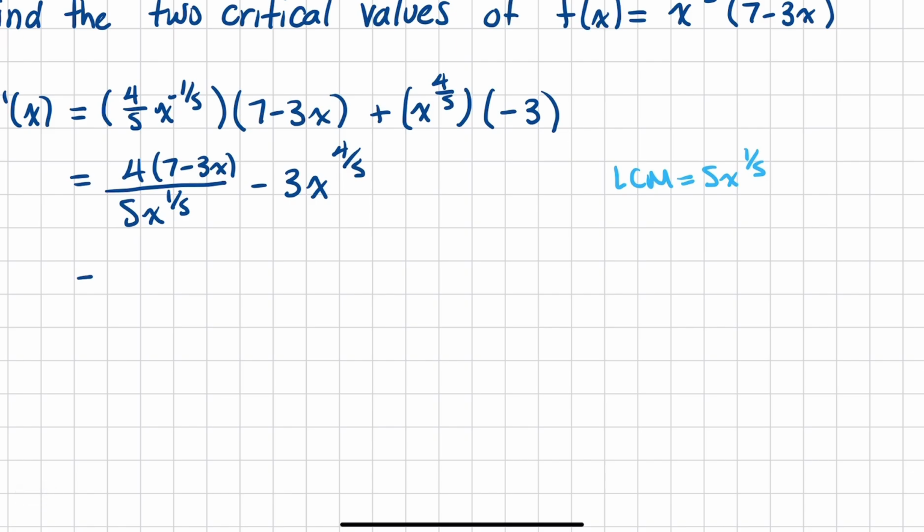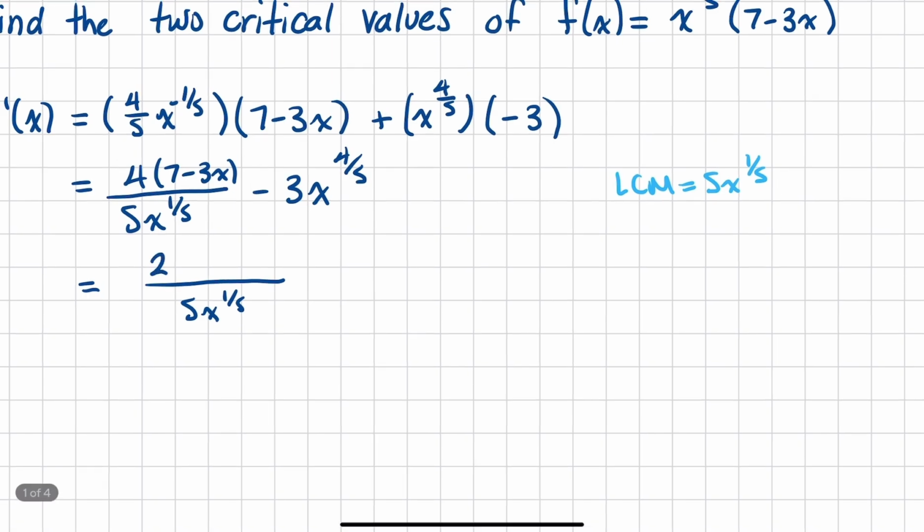This way we can write it all over one common denominator. And so I'm just going to go ahead and expand this right now. So this will be 28 minus 12x, and then multiplying negative 3x to the power of 4 over 5 multiplied by the lowest common multiple.